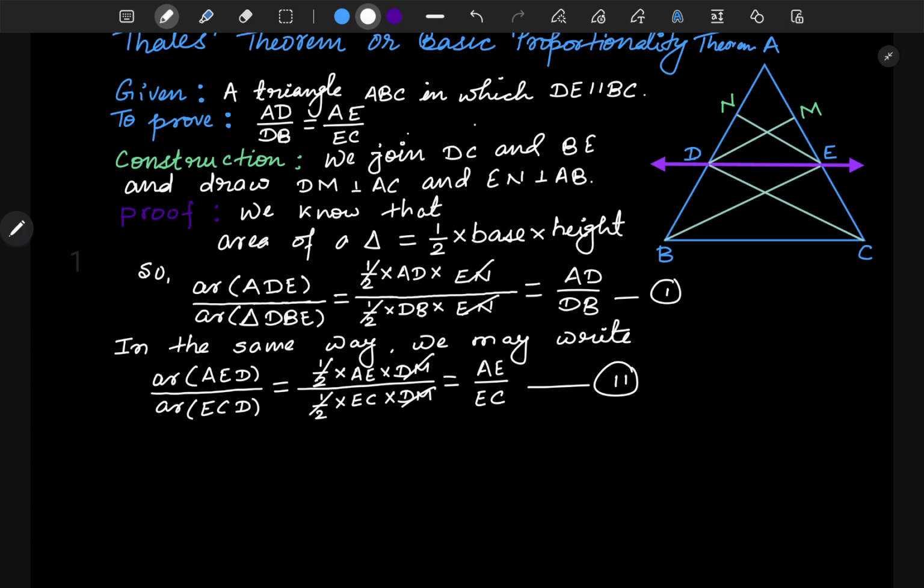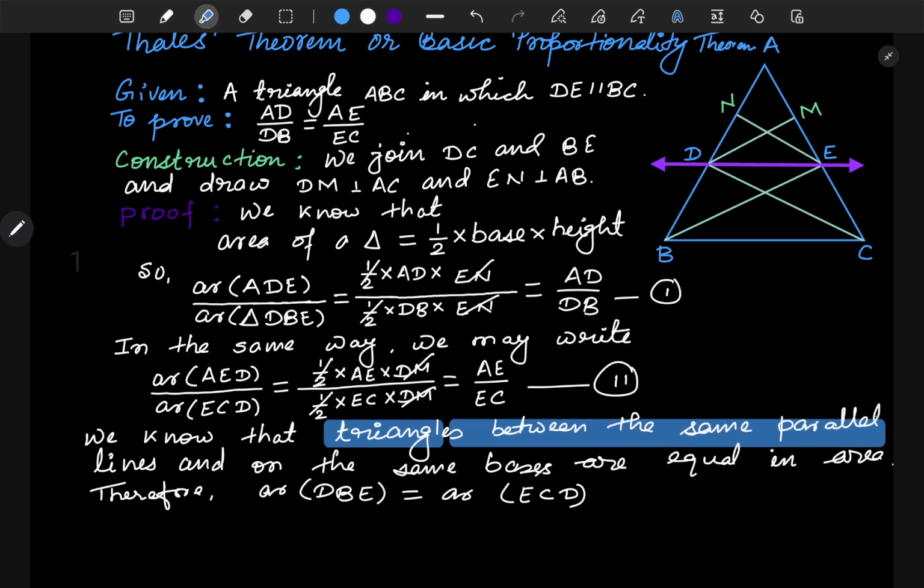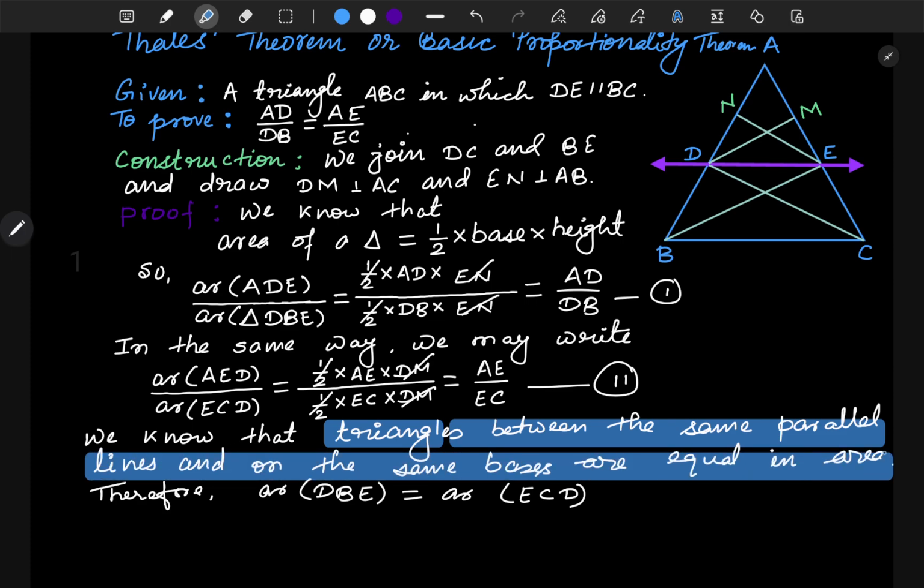Now here one thing you need to recall from one of the theorems you have studied in class 9, which says that the areas of two triangles on the same base and between the same parallel lines are equal in area. So you'll write, we know that triangles between the same parallel lines and on the same base are equal in area.